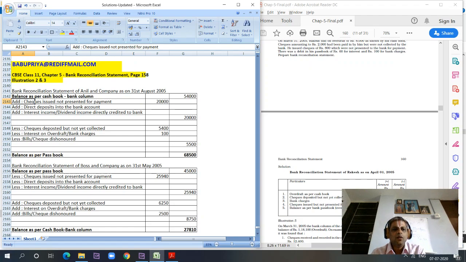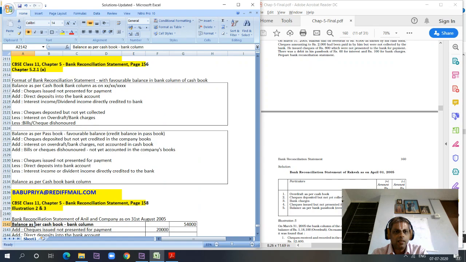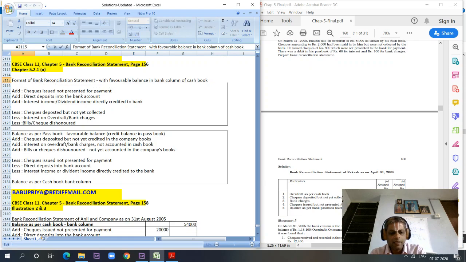To make it simple and understand it better, this is how we can put it. The treatment remains the same when we start balance as per cash book, with the format of bank reconciliation with favorable balance in bank column of cash book slash unfavorable balance in passbook.